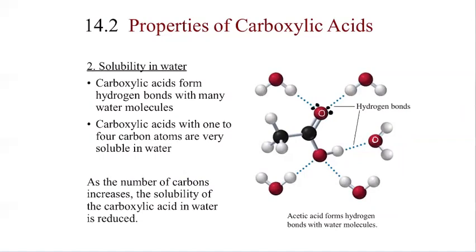The oxygen atom in the water can hydrogen bond with the hydrogen atom that is attached to the single bond oxygen in your carboxylic acid. Now, the oxygen atom that is single bonded to the carbonyl group in the carboxylic acid also has two lone pairs.